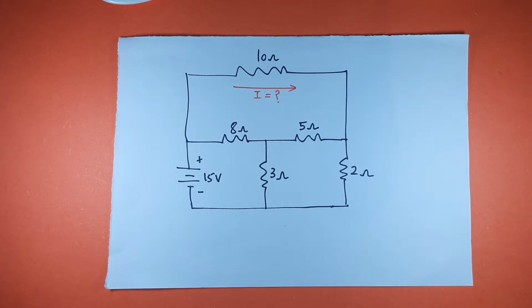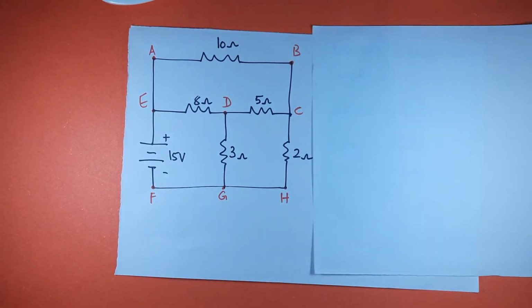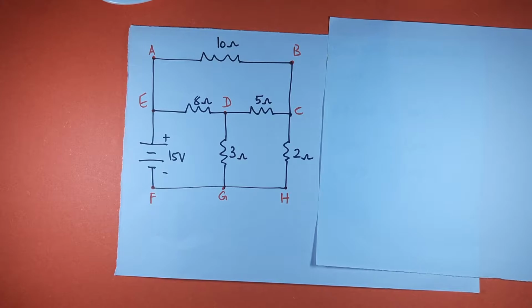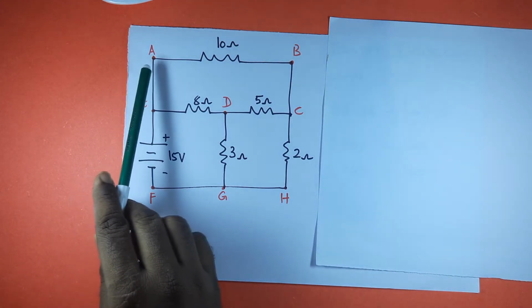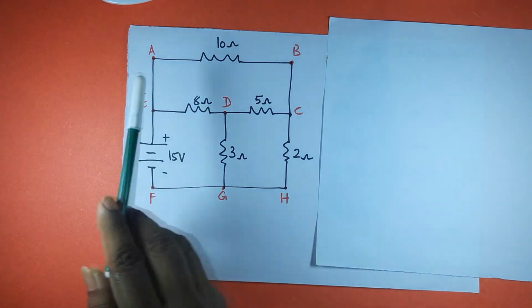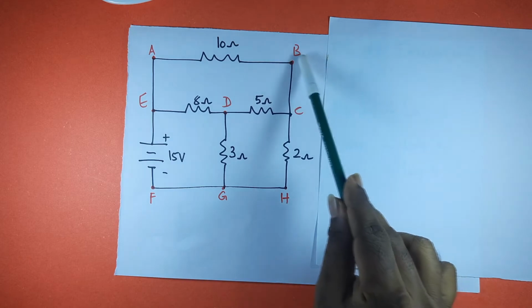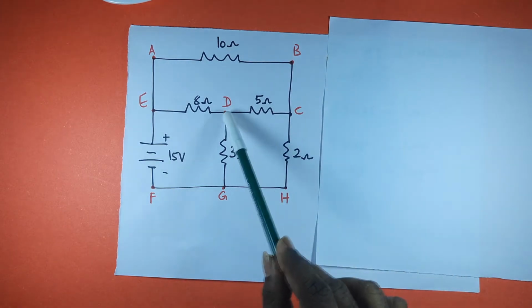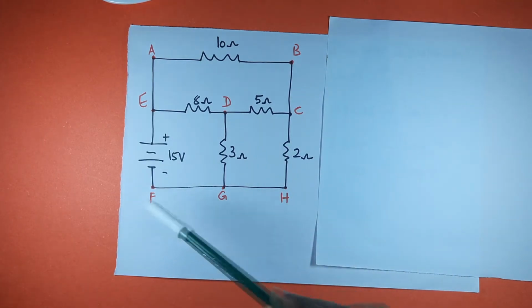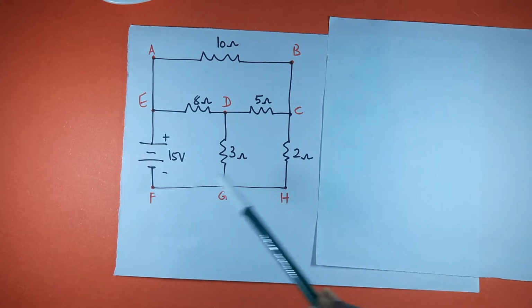So first step, you have to identify independent loops in the given circuit. I am marking the points A, B, C, D, E, F, G, H, right?